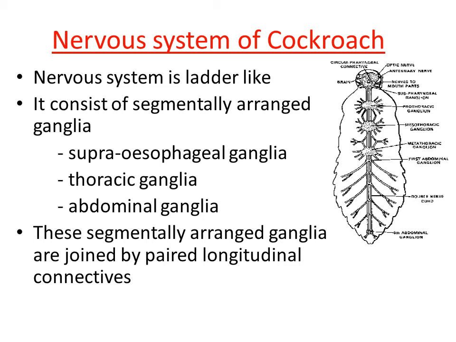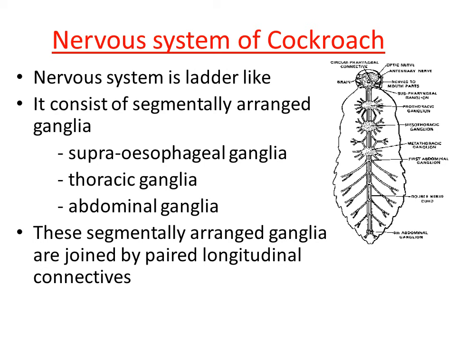Thoracic ganglia are 3 in number, abdominal ganglia are 6 in number, right? And the supraesophageal ganglia supply nerves to the antennae and eyes. Then how do the ganglia get connected? Yes, the longitudinal connectives connect the segmentally arranged ganglia. So this is about the nervous system of the cockroach.